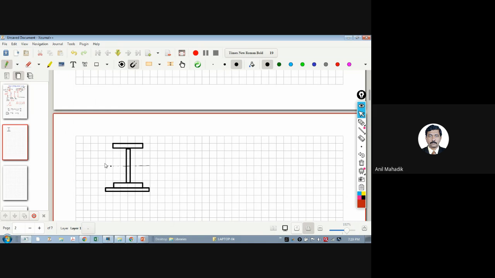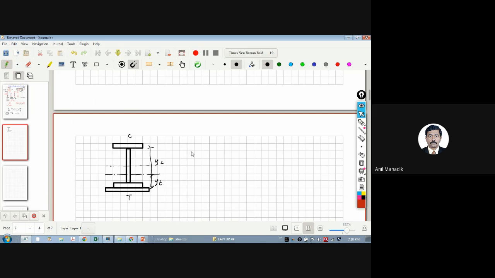Where will the neutral axis be? Below this line, because see there is more area available at the bottom. So our actual neutral axis will be here, near to this. So that means this YT value is there and there is a YC value here. This is a compression zone.